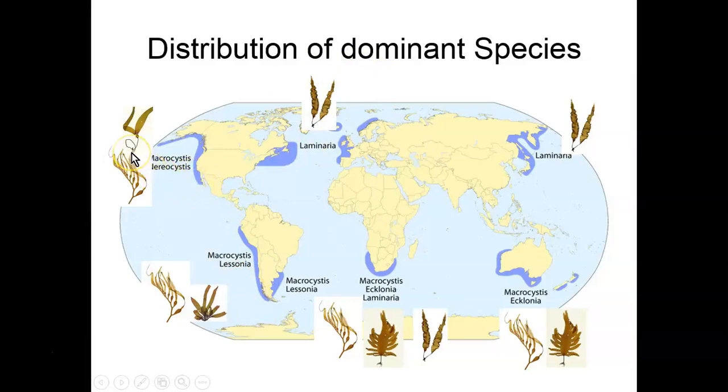So on our coast, we have giant kelp, which is this picture here, Macrocystis, and we also have the bull kelp, which is Nereocystis. About, we'll say, probably about Monterey Bay south, the kelp forests are mostly made up of the giant kelp, and from about Monterey Bay north, the kelp forests are made up of the bull kelp. So we can look a little bit at the difference in their structure here.